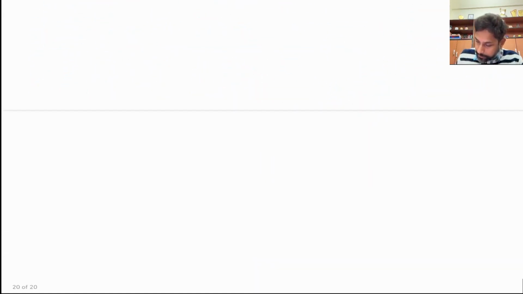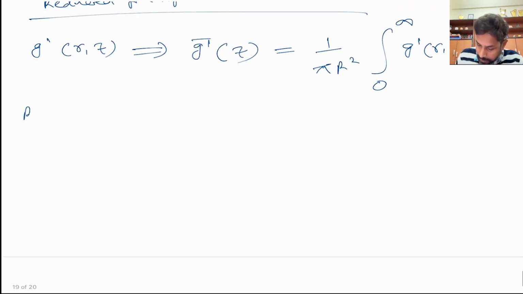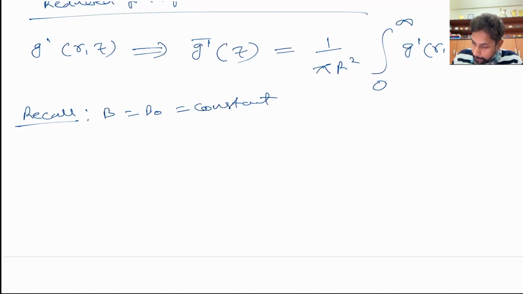So recall that B, which is equal to B naught, is constant, and what is B? That is the buoyancy flux, right?